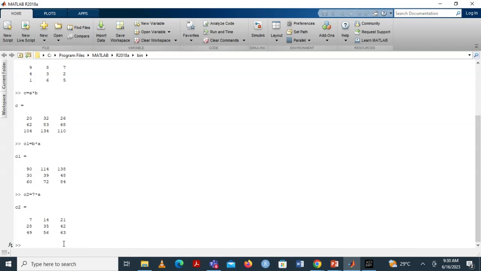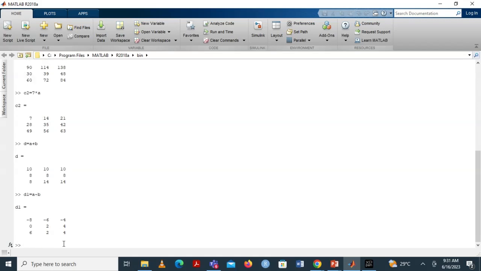Okay, so we are finding D. D is equal to, let's say, A plus B. It has been able to add them. We've gotten an answer for D. Then D1 is equal to A minus B. Let's press enter.